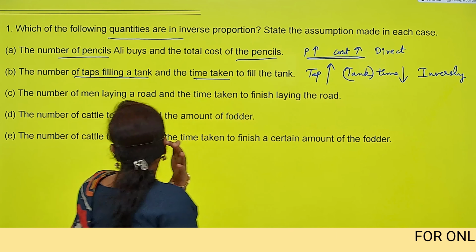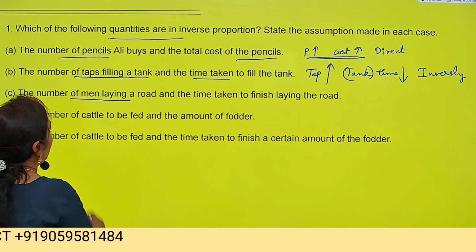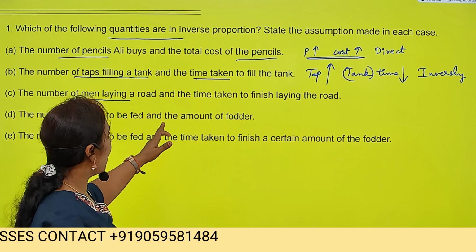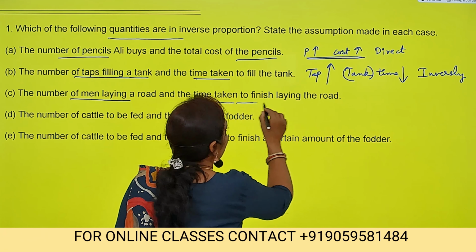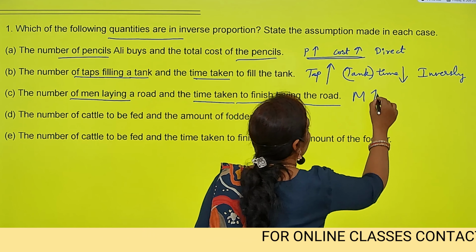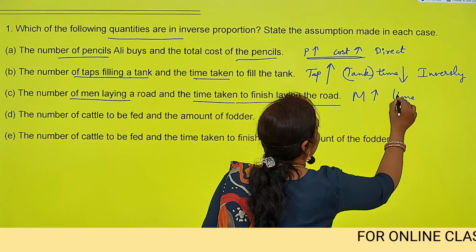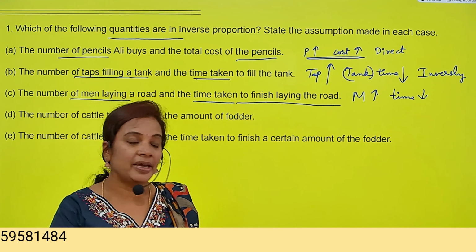Next, third one: the number of men laying a road and the time taken. To finish laying the road, if men increase, time decreases. If men decrease, time increases.